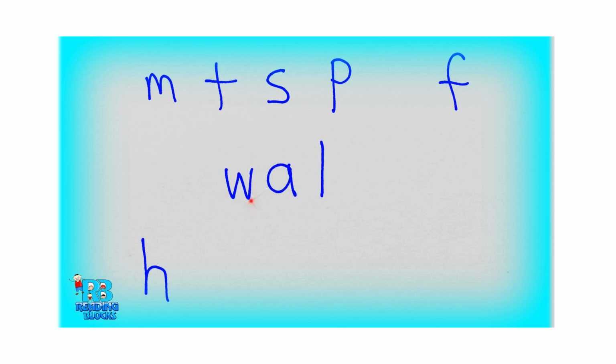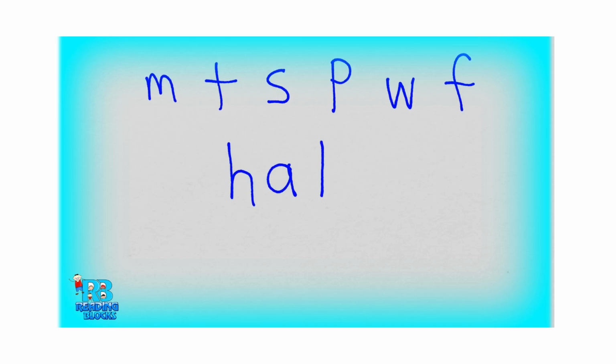Now we have w-al, well. Very good. And if we bring down our f sound, we have f-al, fail. Very good. And we have one more. If we take our h and bring it up here, now we have h-al, hail. Very good.